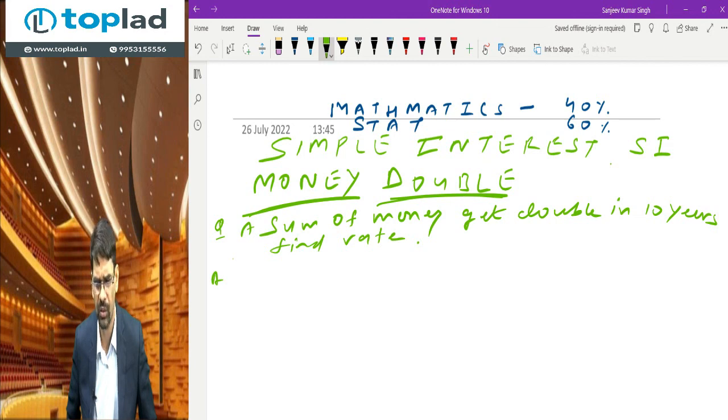To remember the formula, just take a pocket diary, read and write. Write all the formulas. Read them whenever you forget.